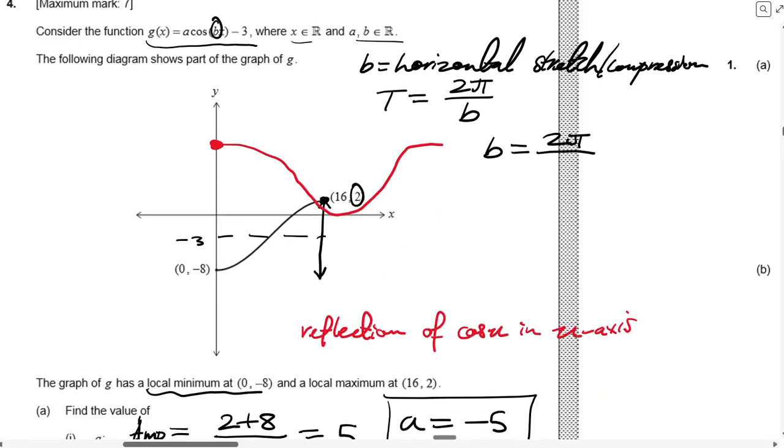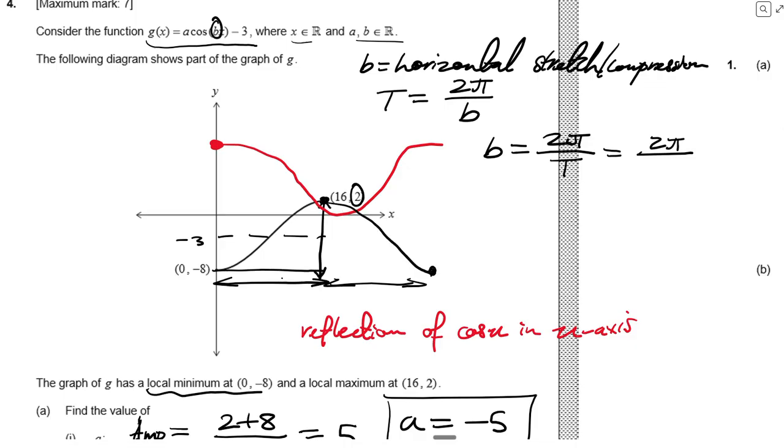And what is our T? T is this, right? This times 2, right? We want one full wave. And so that would be 0 to 16 times 2.